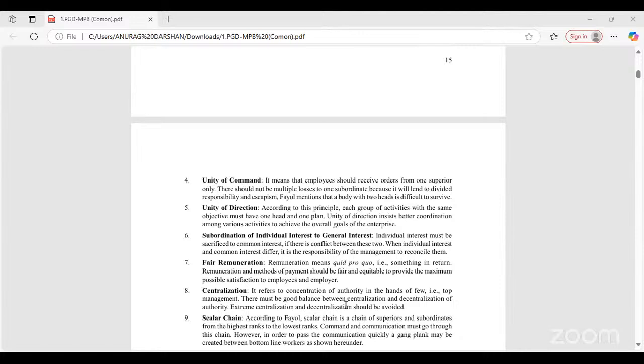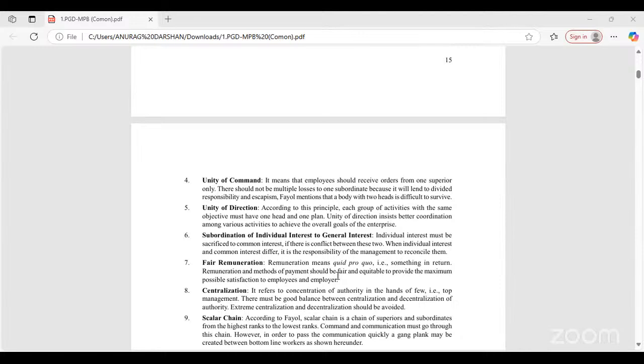Unity of direction, yeah. I mean, you should have better coordination. The direction should be given to you in such a way that you achieve the task in a more appropriate way. Individual interest to general interest. So workers should focus on the general interest and not on individual interest. If I'm doing this, this is the benefit I'm getting.